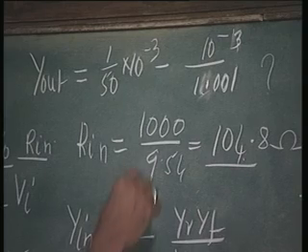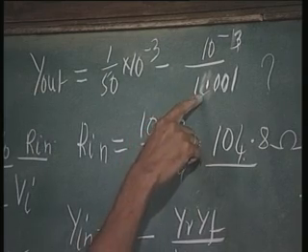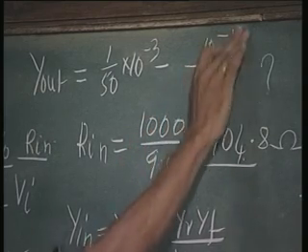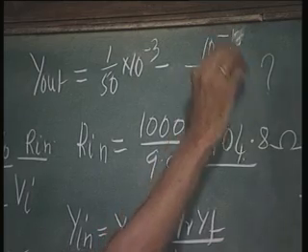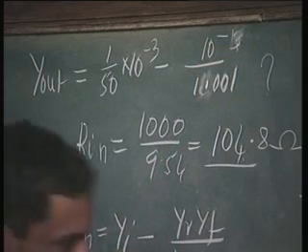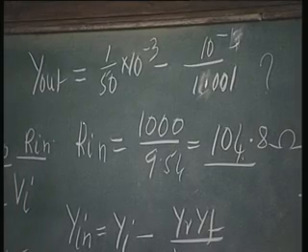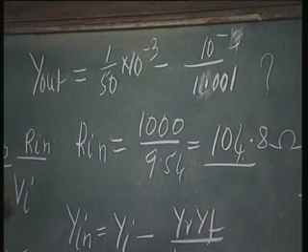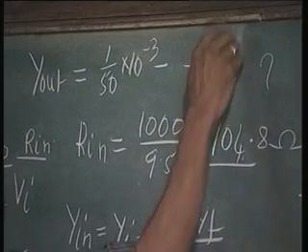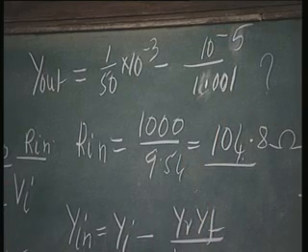Is it correct? No. Just a minute, 10 to the power minus 4 divided by 10.01, this is 10 to the power minus 5 into 1.001.